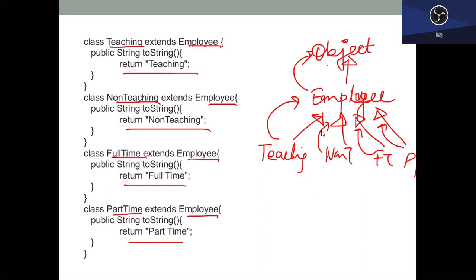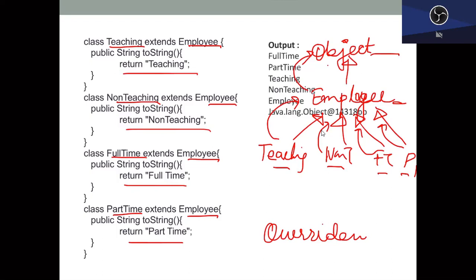So the toString method is overridden in all the classes. So there is a toString method in teaching, in non-teaching, in full-time, in part-time, in employee, and of course it is there in object. Okay. So now this is the output. I'll just come to this in a while.